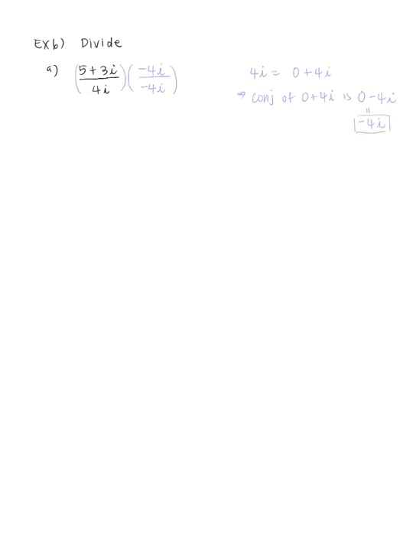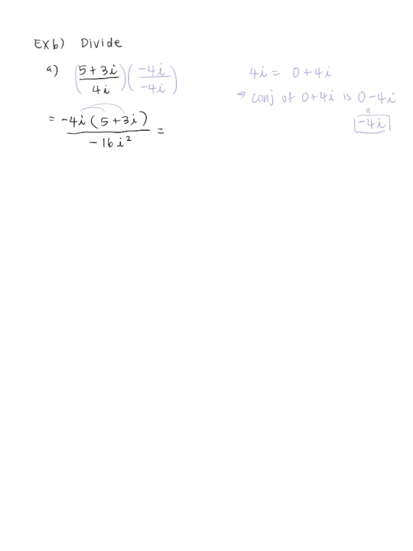So that's how I got negative 4i to multiply on the top and the bottom. Okay, so now let's start. If I rewrite this nicely, we have negative 4i distributed to 5 plus 3i, and on the bottom denominator, we're going to have negative 16i squared. All right, we got this.